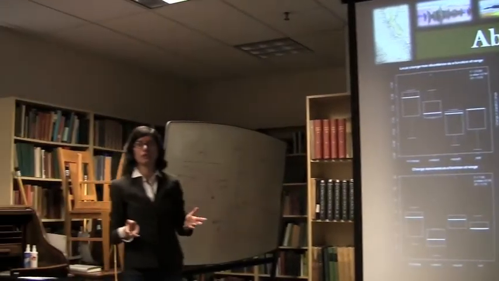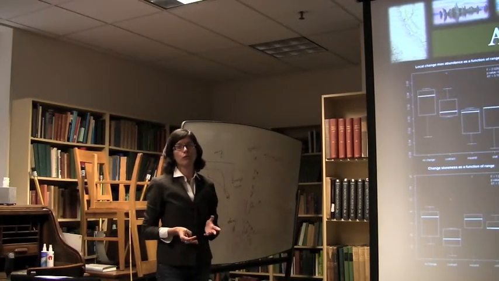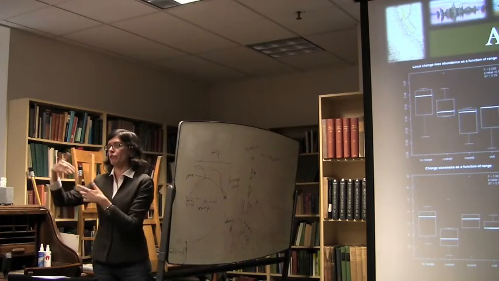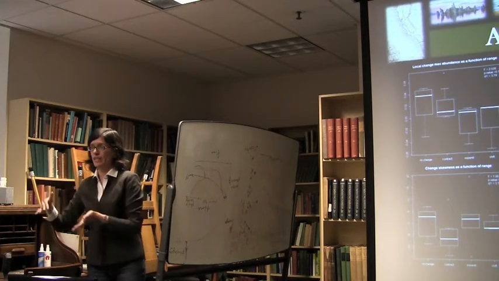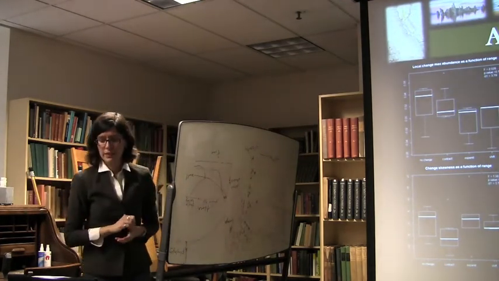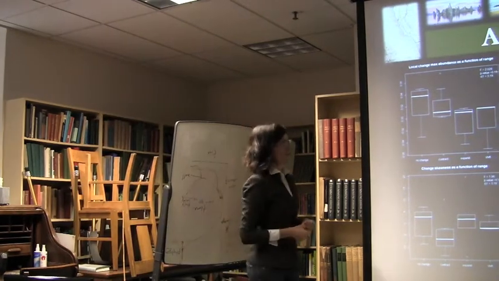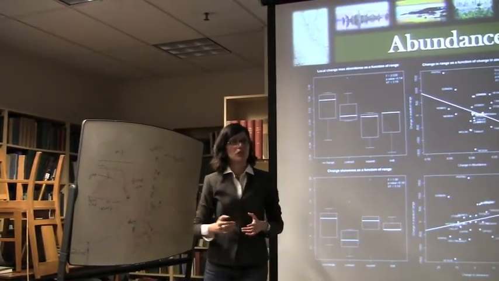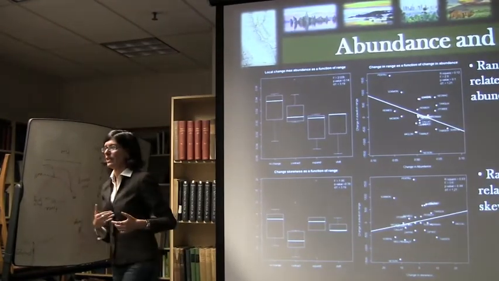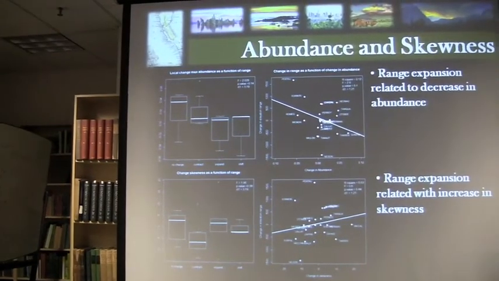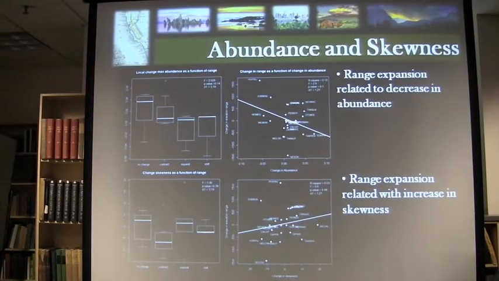And species that contracted, we actually call them double doom, because not only was the range shrinking, there were also fewer of them within that range itself. And then range expansion was related with an increase in skewness. So you had a longer tail in one direction than in previous historical times.